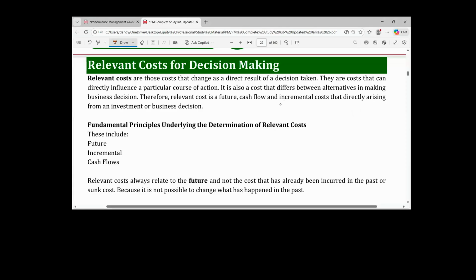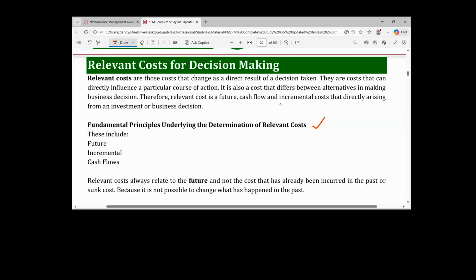Now, in the determination of relevant cost, there are some underlying factors, principles. You can call it determinants, criteria, attributes. The examiner can call it anything. It's the same thing for relevant costing. What are those things that you must see before you can say this cost is relevant? That's what I want to discuss.